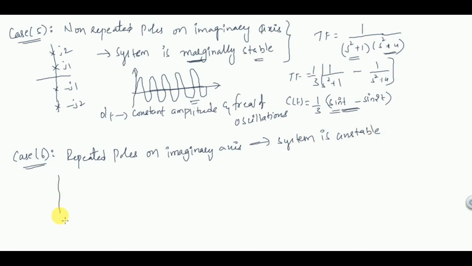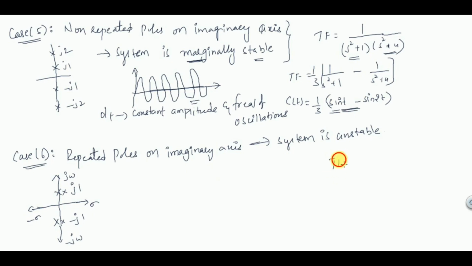If there are repeated poles on the imaginary axis, that is, two poles at j1 and two poles at minus j1. If you take sigma here, and this is minus sigma, this is j omega, and this is minus j omega, then what will happen?